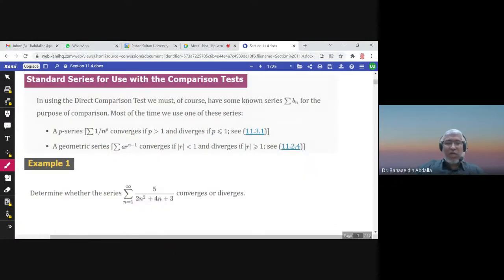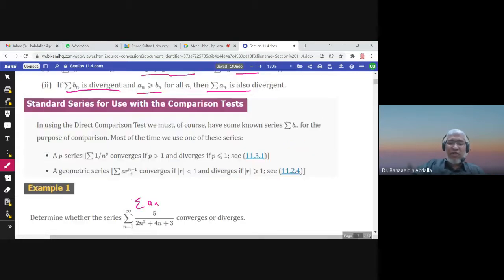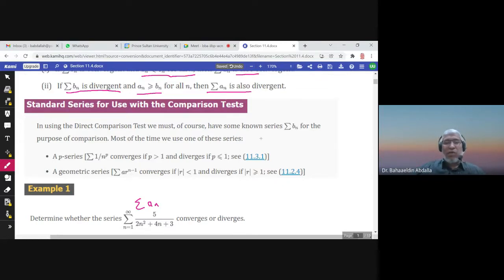Now, usually in the question, summation an is given. So this is an, okay? But how to find bn? So we need to find summation bn. And summation bn usually has to be either a p series, so in the form 1 over n to the power p, or a geometric series in the form a times r to the power n minus 1.